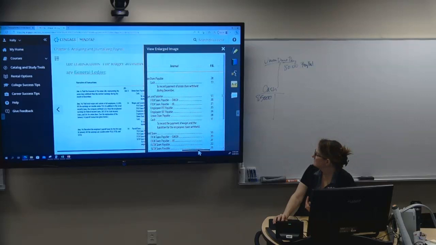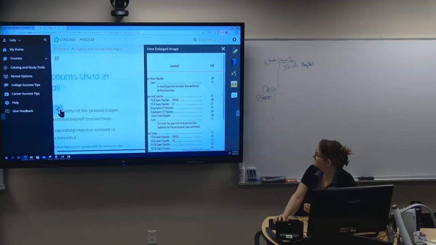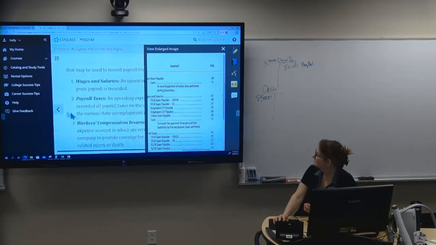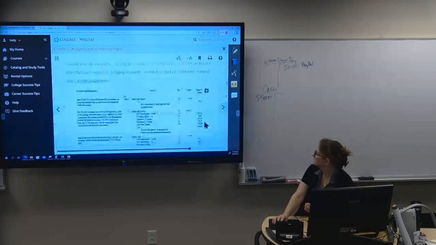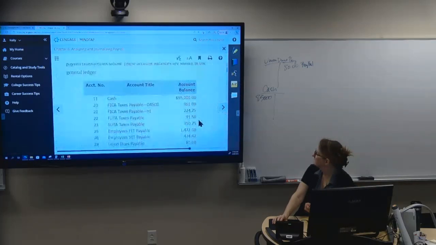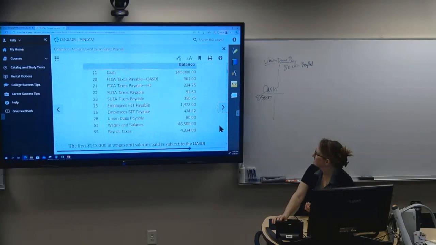So these are the amounts that then are being withheld. So we did have beginning balances, remember, in these accounts. So we're adding to those beginning balances. So yeah, we had $85,000 debit balance.